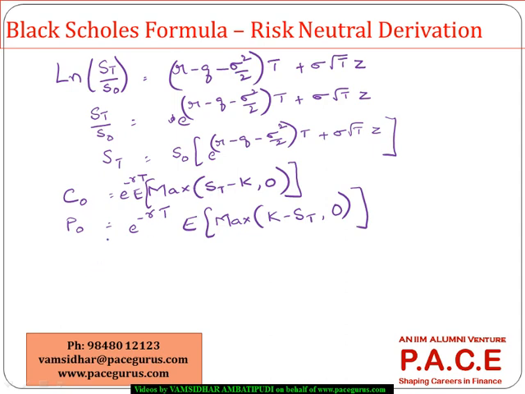So I need to know the maximum of ST minus K comma 0, which I can very well write as: the value is equal to ST minus K if ST is greater than K, and it is equal to 0 in the other cases, correct?